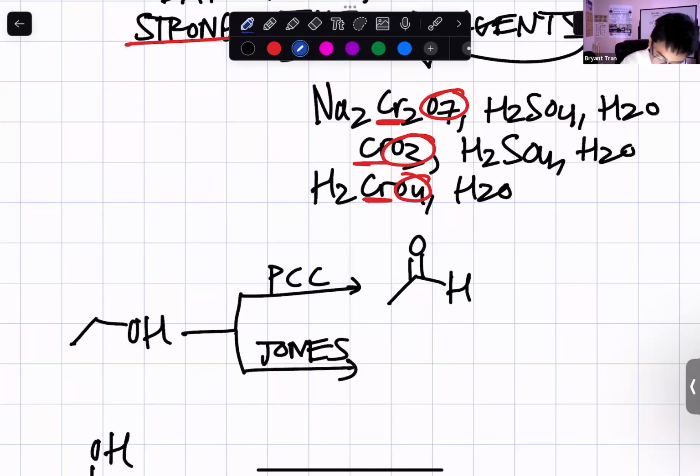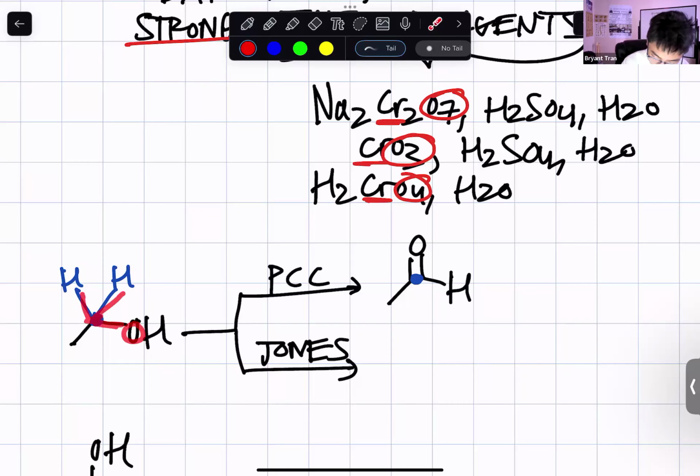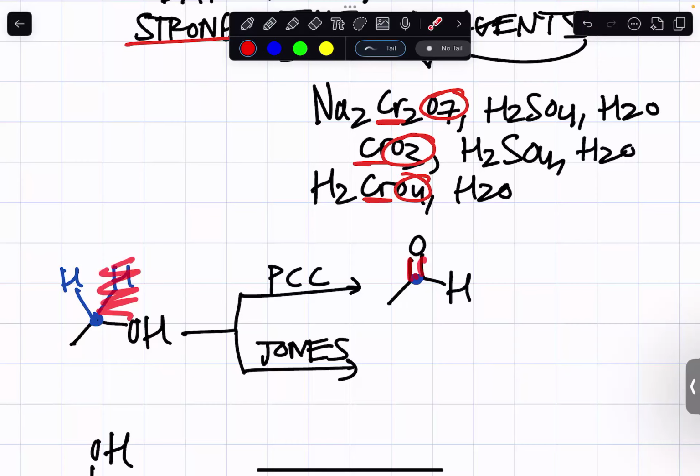If you focus on this carbon highlighted in blue, it has 1 bond to oxygen and 2 bonds to hydrogen. When we oxidize it, we remove 1 bond to hydrogen and add another bond to oxygen.